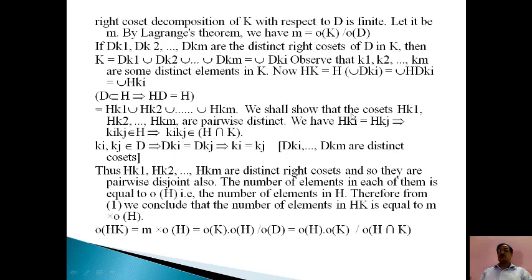Now we have to show Hk1, Hk2 and so on Hkm are pairwise distinct. For this, suppose Hki equal to Hkj.